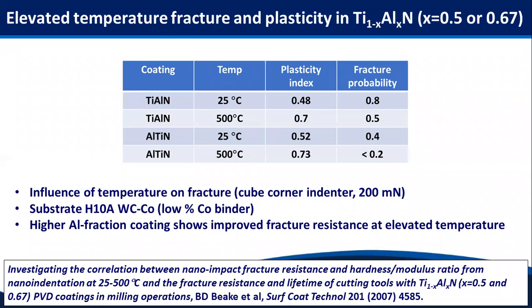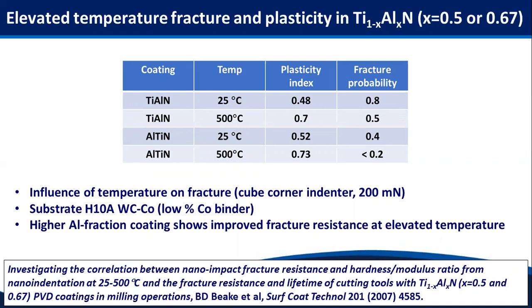If we want to look at the coating itself and we're less interested in the substrate, then we might switch to a nano-impact test. So we've done some high temperature nano-impact tests now at 500 degrees on titanium aluminium nitride coating systems, where we're varying that aluminium fraction between 0.5 and 0.67. And when we vary that, then we alter the fracture probability at room temperature. We alter the fracture probability at high temperature.